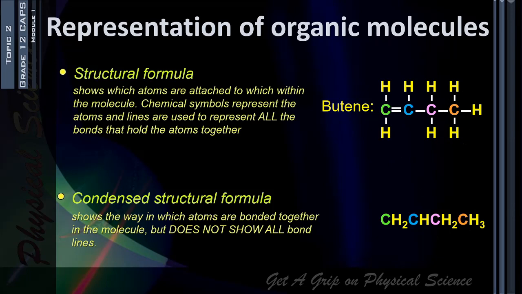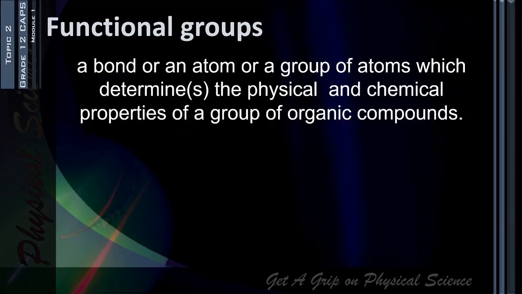You must know how to interpret these condensed structural formulas, but you may never use these formulas to answer any of the questions in the question paper. You will be instructed and they will expect you to use structural formulas to answer your questions, and you will be penalized if you use any of the condensed formulas.